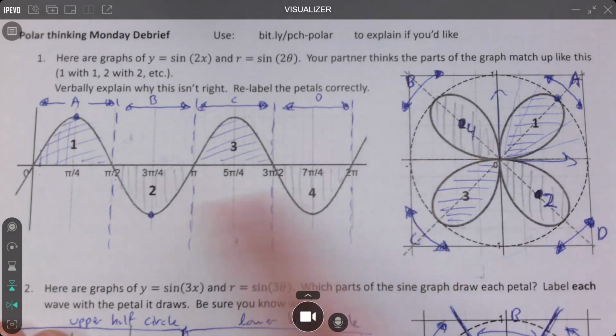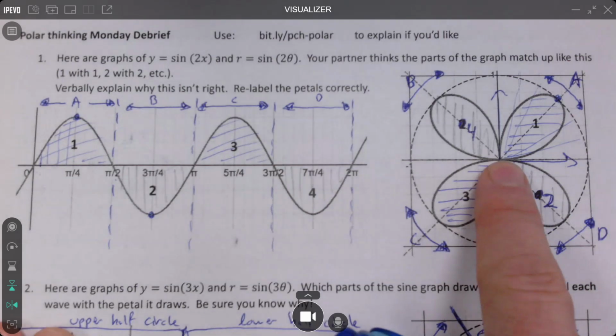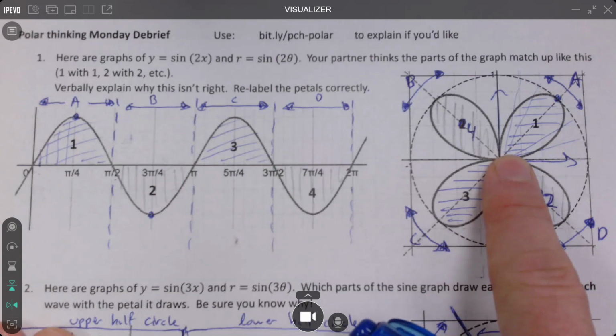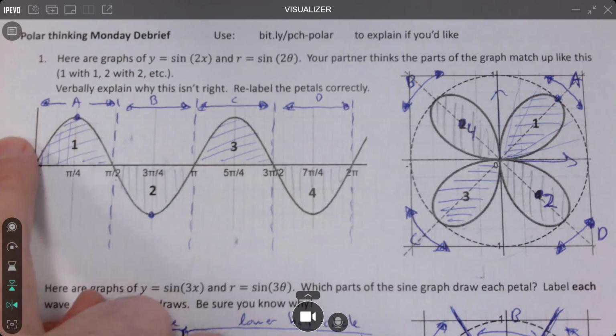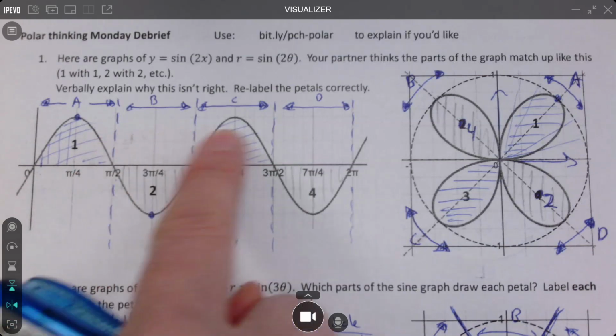If I was going to imagine graphing this just as the angle slowly increases, it doesn't graph this way. Even though in the graph you see the angles are continually increasing, up to pi over 2 and then through quadrant 2 to pi and so on.